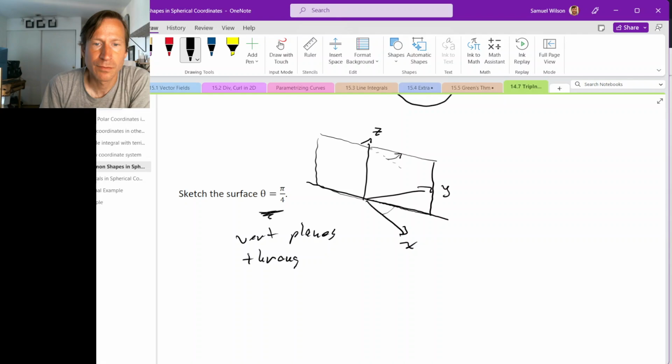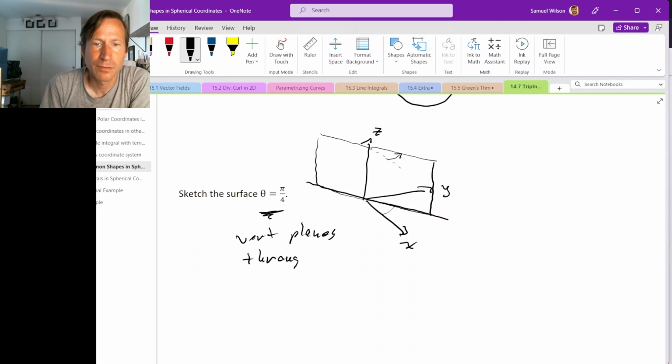So that's what happens if you set theta equal to a constant. Let's see what surfaces we get by setting phi equal to a constant. This time I'm only going to draw the z-axis, just because otherwise the diagram is going to get messy. So remember, what phi measures is the angle down from the positive z-axis. So we need to go from the positive z-axis down an angle pi over 3.